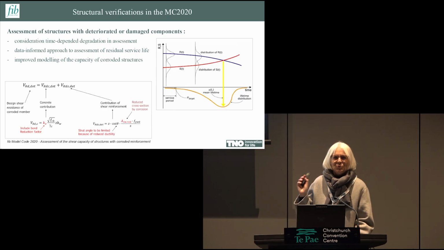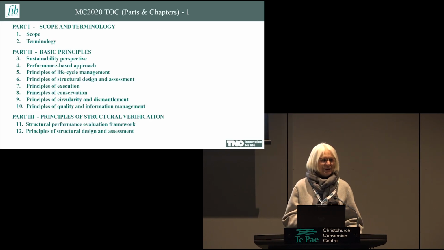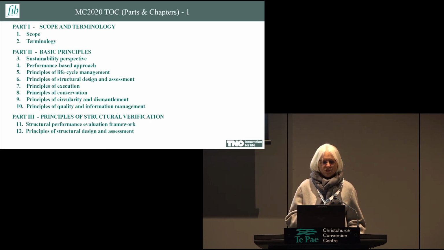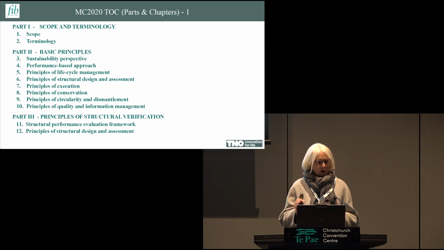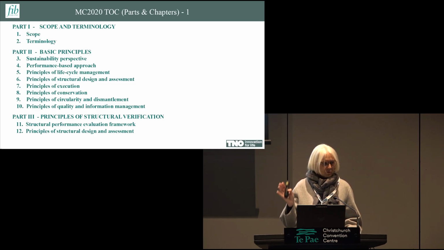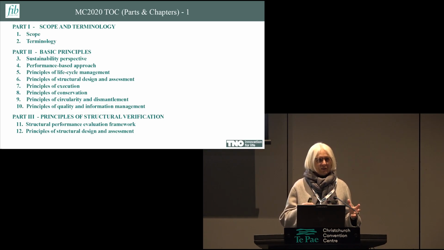Now, this one you haven't seen yet, so this is immediately an introduction to the program of our session. The model code is structured in parts and in chapters. We start with the basic principles. They are actually the explanations of why we have structured our code like that and what we have been including. And you see the model code covers the full stage relevant for the structures.